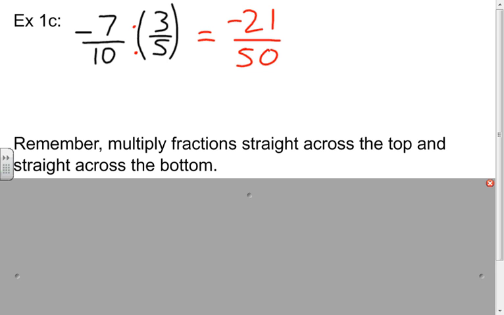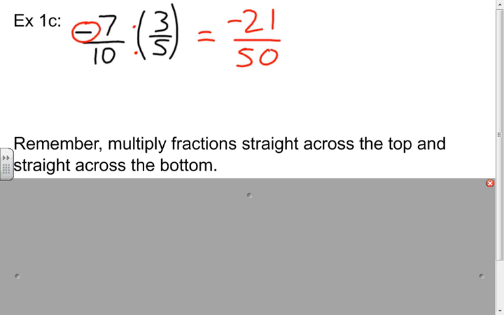Since that's a fraction, we check to see if we can simplify it, and I don't think you can simplify that one. There's nothing you can take out of a 21 and a 50. Now, you'll notice that I had one part of the problem that was negative, and the other part of it was positive. Negative and a positive, those are different signs, so my answer is negative.